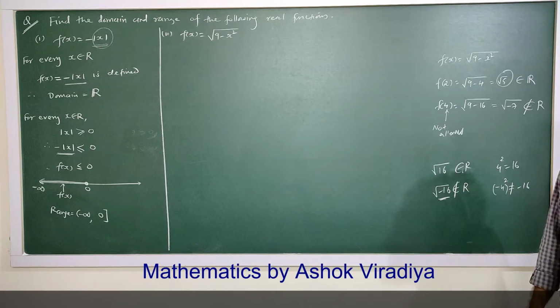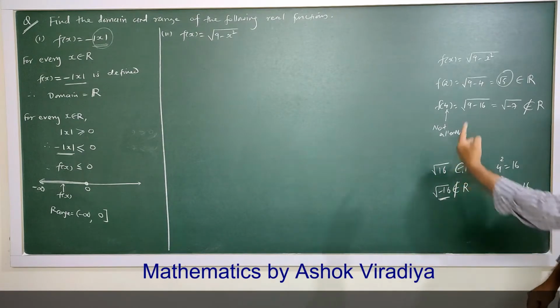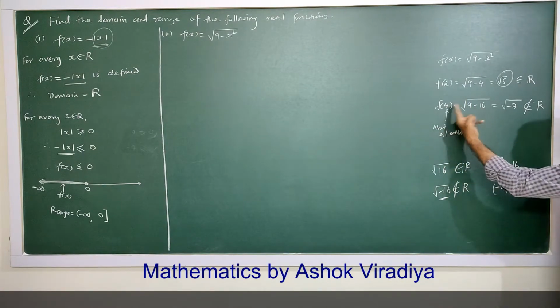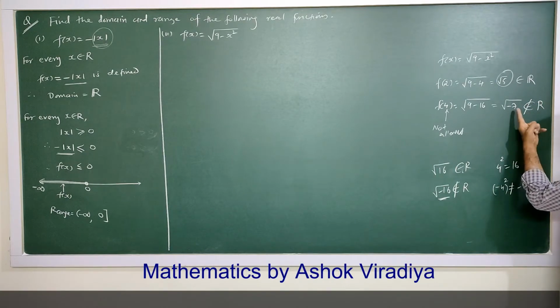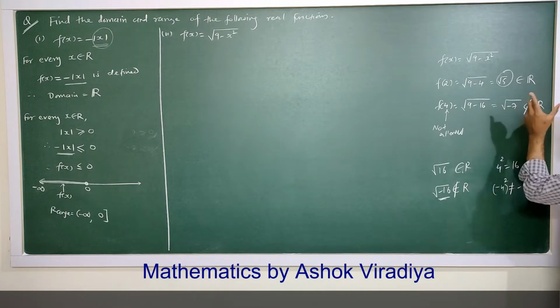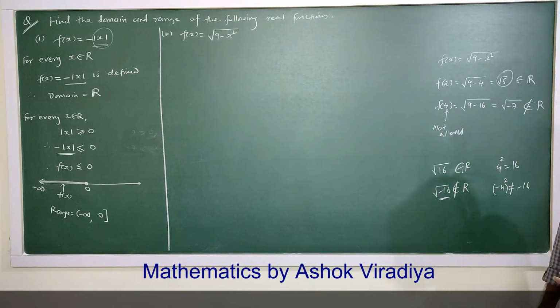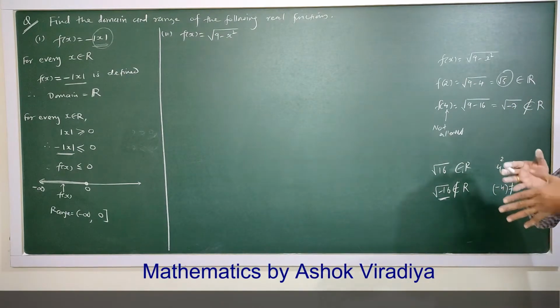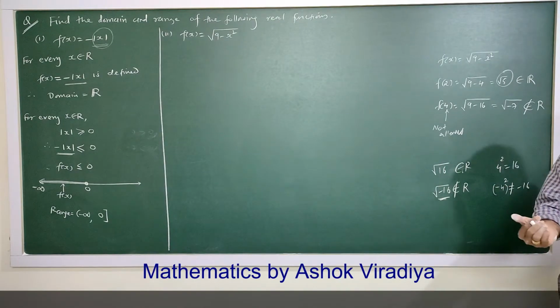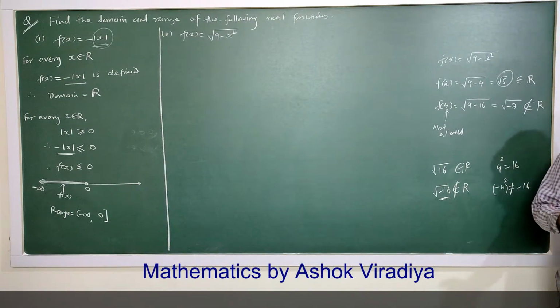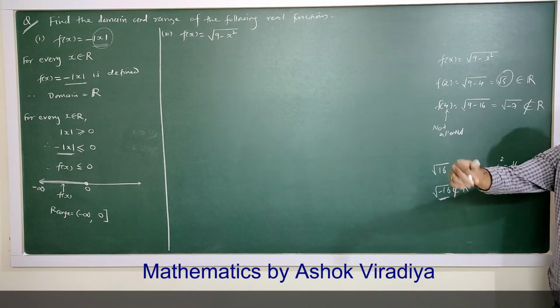A function you can imagine as a machine. In this machine, if you keep 4, the machine is not giving anything. The output is not defined. And if by putting in any raw material the machine is not giving anything, the machine doesn't work, then that raw material is not allowed.